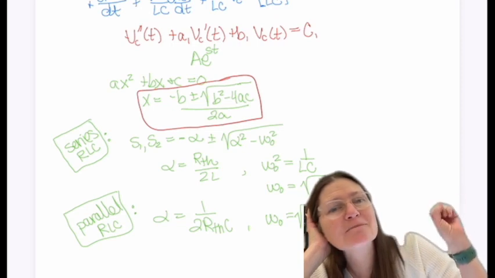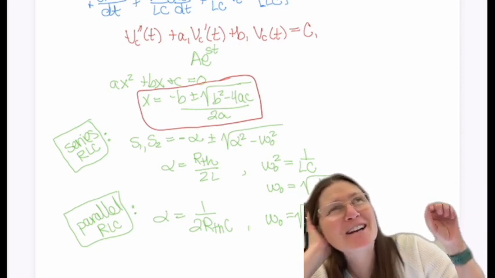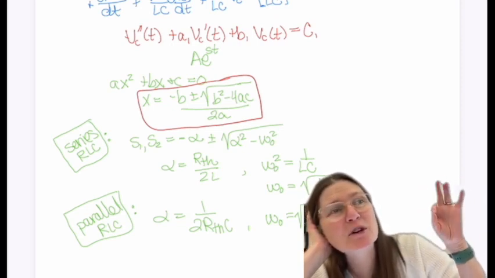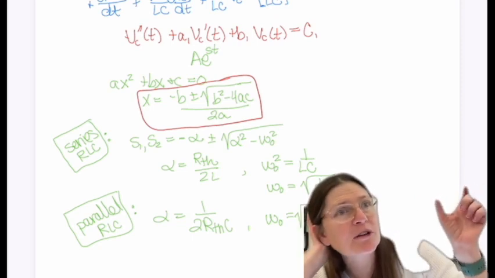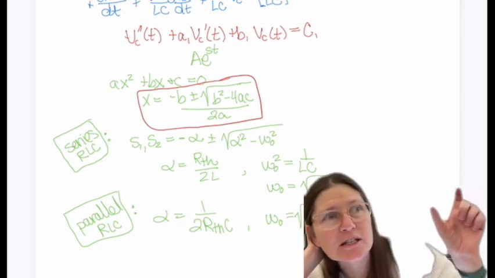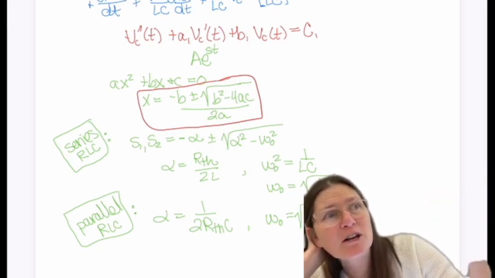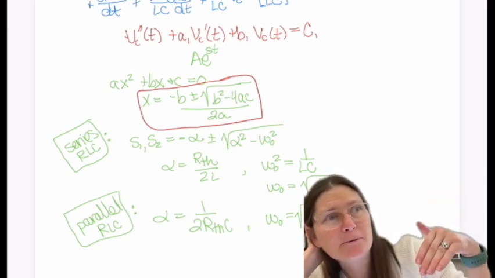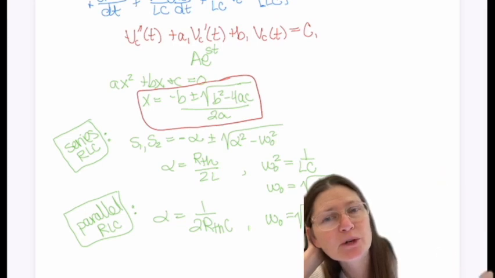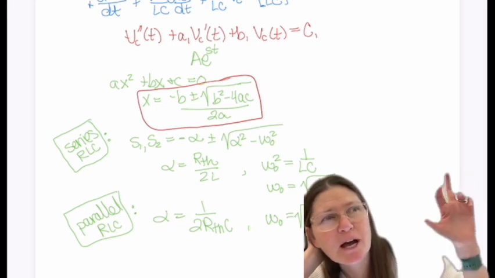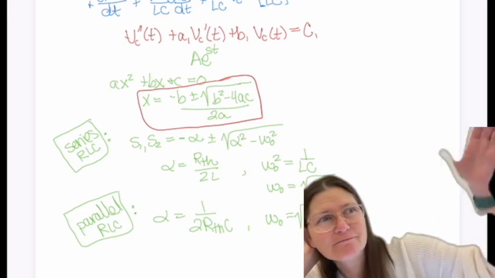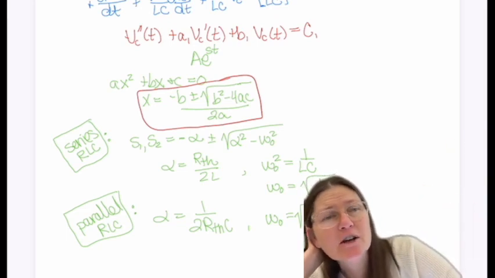So that can be, sorry, let me back up. The value of b squared minus 4ac is called that characteristic equation. So it can either be equal to 0, it can be greater than 0, or it can be less than 0. So those are the three, do you remember that from math? Those are the three kinds of characteristics it can take.